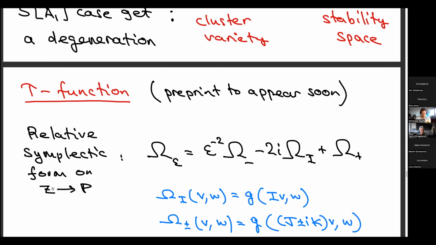Okay, and now the idea is kind of stupid. We write down symplectic potentials for each of these things, by which I just mean one forms whose D is the corresponding two forms. So I take thetas whose D is the omegas. And then I define the tau function like this.